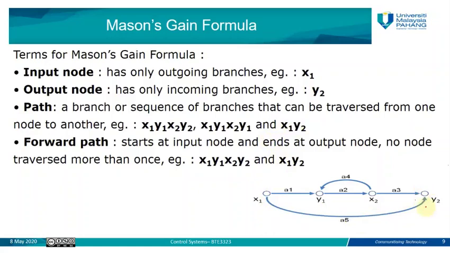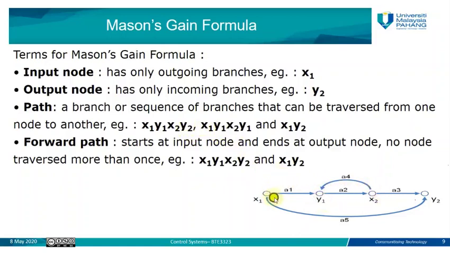A path is a sequence of branches that can be transferred from one node to another node. So if we have two nodes, for example, there is a path which connects these two nodes, either directly or indirectly through some intermediate nodes. Now the forward path. As we mentioned here, we have three paths, but not all are forward, because the second path, X1, Y1, X2, then again to Y1, is not a forward path because it has a backward.